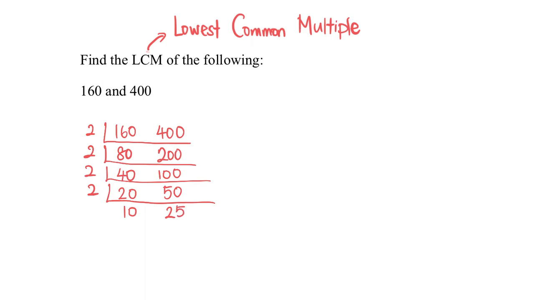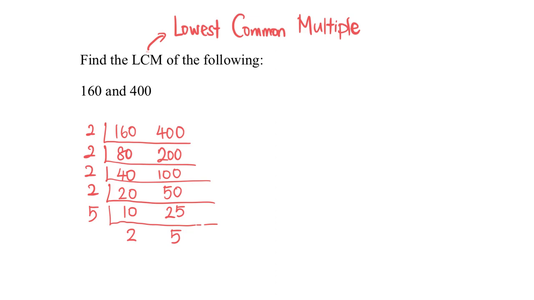At this point, I can no longer divide by 2. The next common prime factor would then be 5. Continue until there's no more common prime factor between the two.